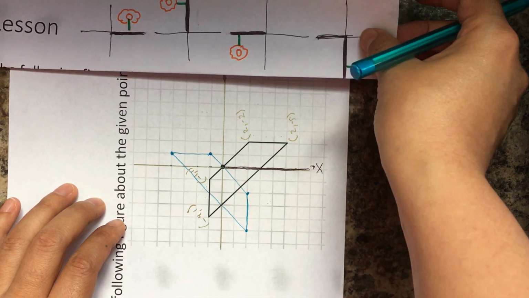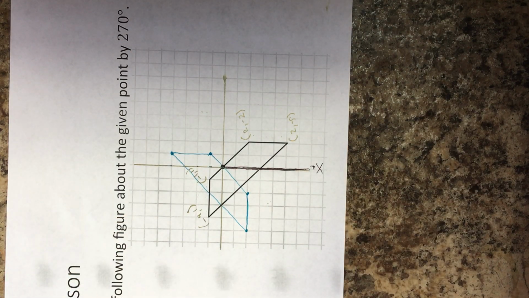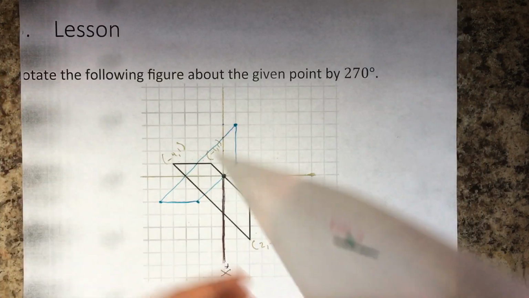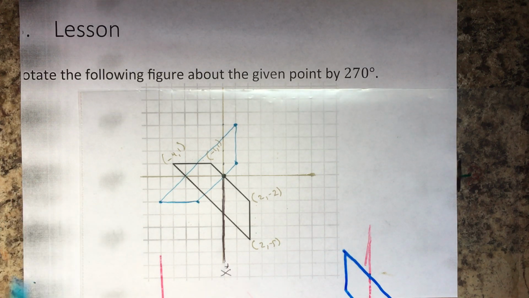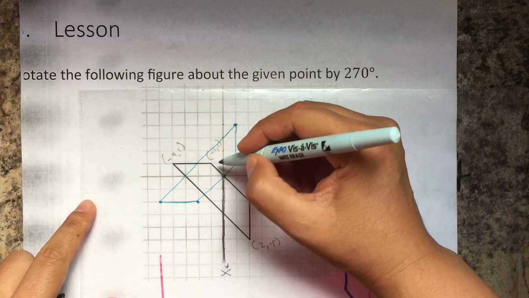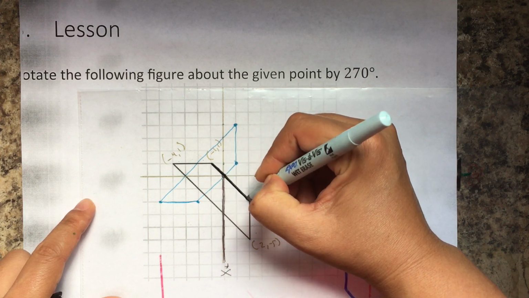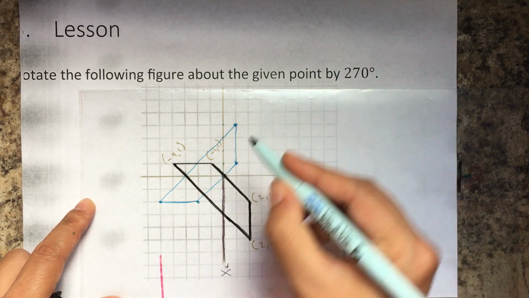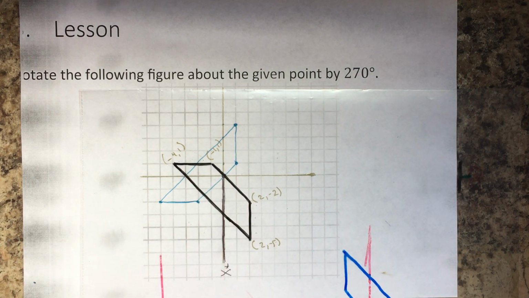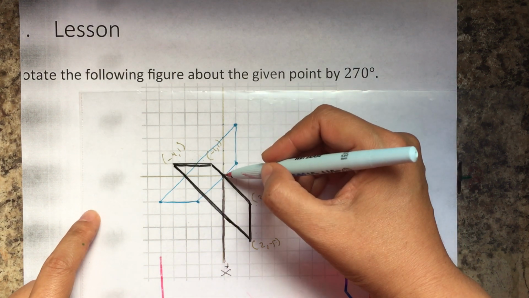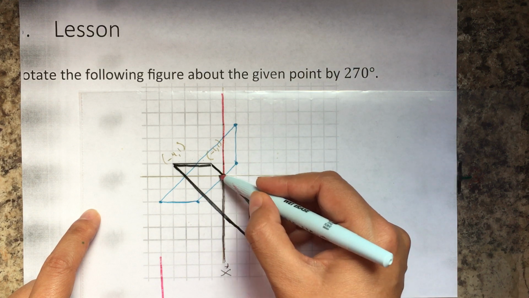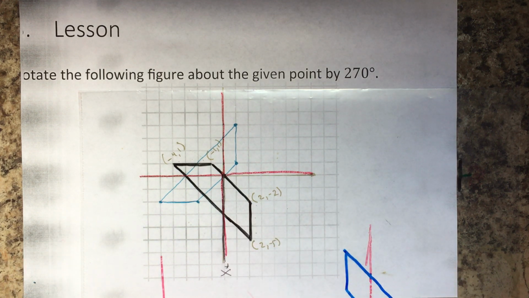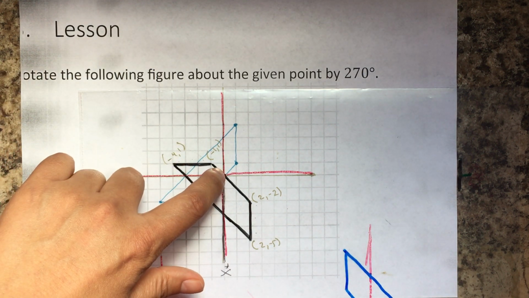So let's do it with the transparency to see if it matches. So this is my original figure. I have my axis, right? The black one is my original figure. So I'm gonna move it 3 times 90 degrees. Okay, so let's see.